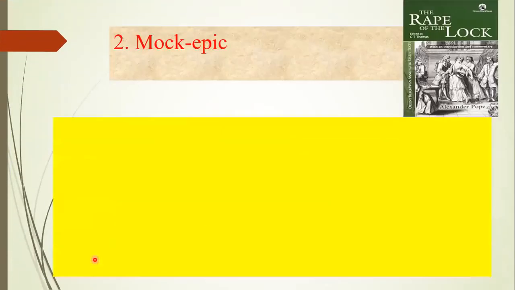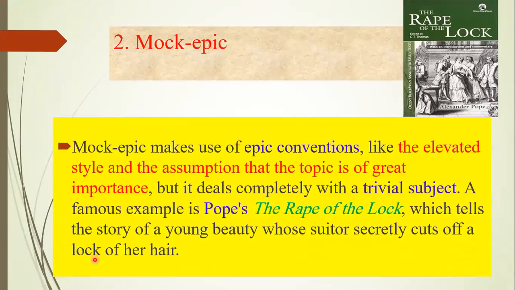The second type of narrative poetry is the mock epic, الملحمة الوهمية. The mock epic, الملحمة الوهمية.